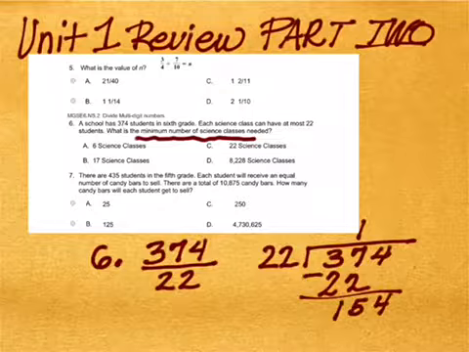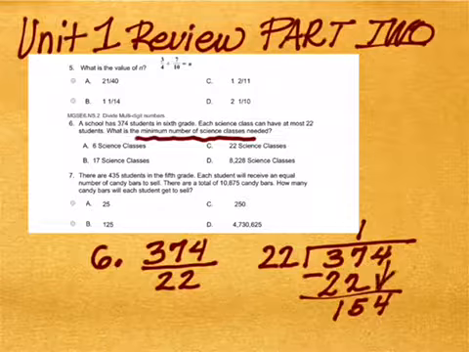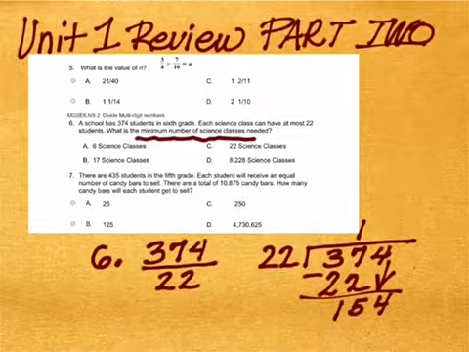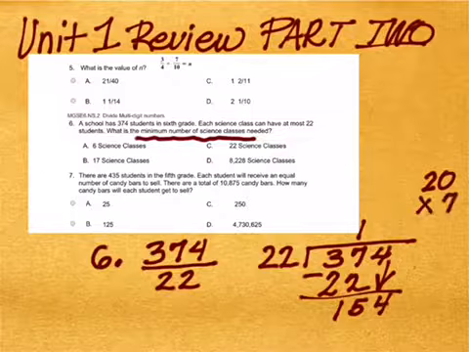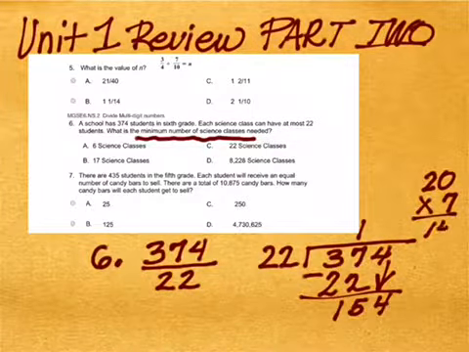Which, when I subtract, I get 15, and then I bring down my 4, which leaves me with 154. The closest number that I can estimate would be, maybe if I thought 20 times 7 would be 140, because 2 times 7 is 14.